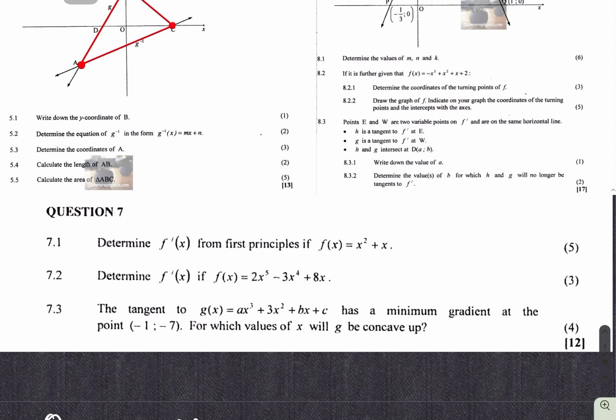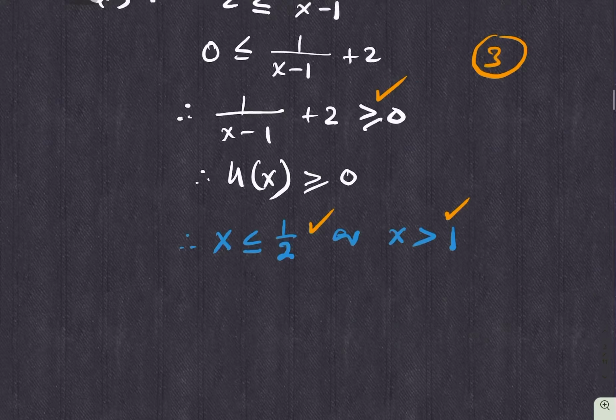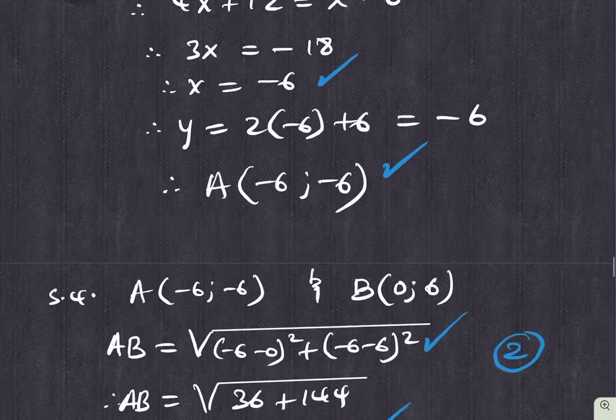For which values of x will g be concave up? By the way, this is a cubic graph, so you're given g and the point at the gradient situation. For which values of x will this be concave up? Okay, let's try to do it together here.